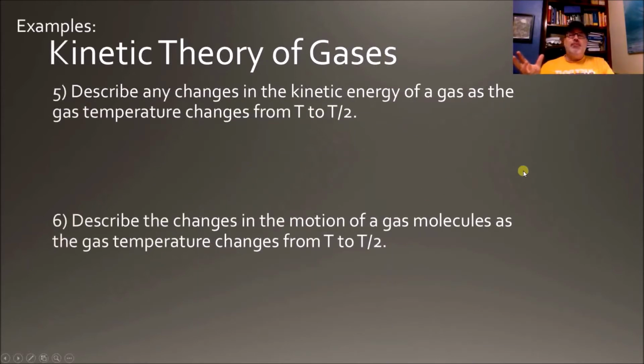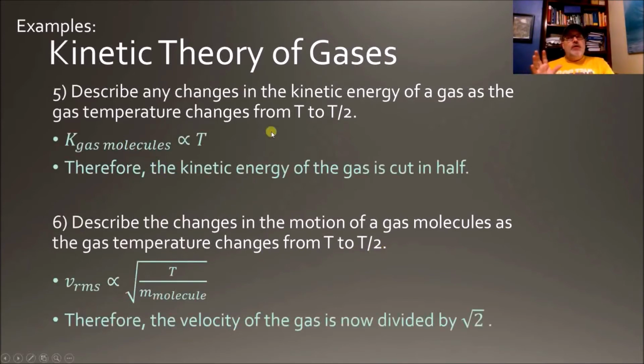So let's look at a couple of problems. Problem number 5: describe any changes in the kinetic energy of a gas as the gas temperature changes from T to 1/2 T. And number 6: describe the changes in the motion of the gas molecules as the gas temperature changes from T to 1/2 T. All right. Well, the kinetic energy of the gas molecules is proportional to the temperature.